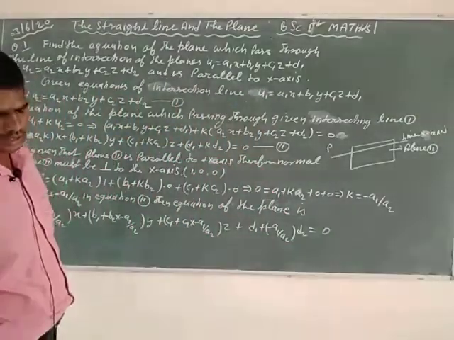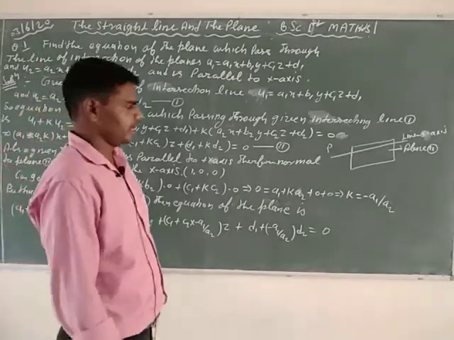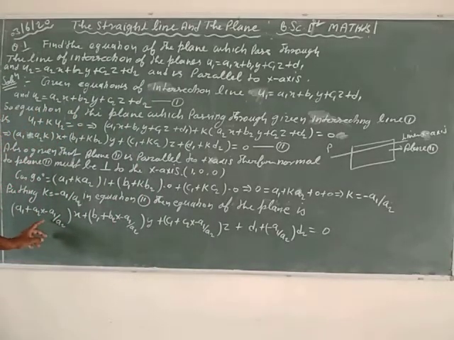So in the equation second we are putting the value of k, which is equal to minus a1 by a2. After that the equation becomes in this form. Here the coefficient of x is equal to 0 after simplification.